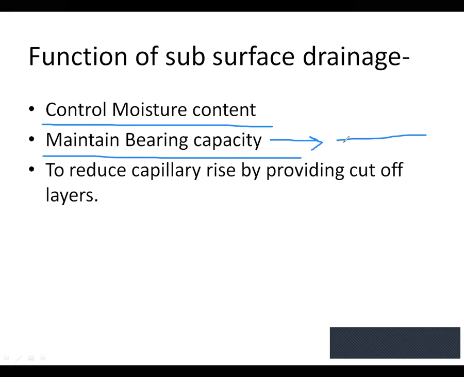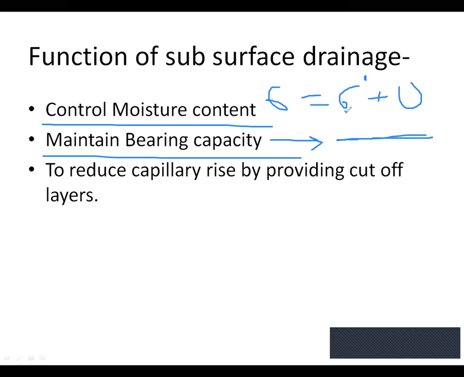So the load bearing capacity of a soil depends on the effective stress, sigma dash. We have learned it in the geotechnical engineering subject. Total stress equals sigma dash plus applied pressure.